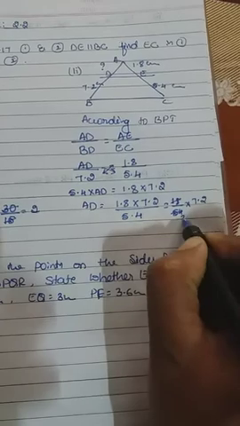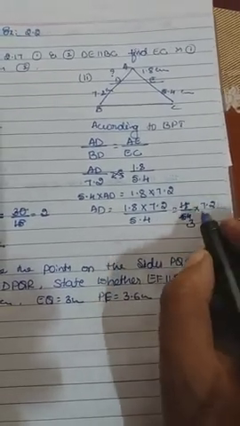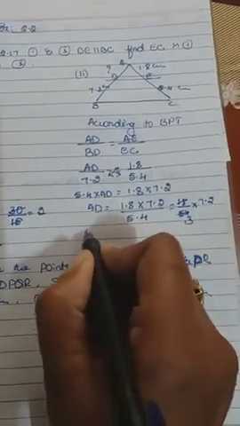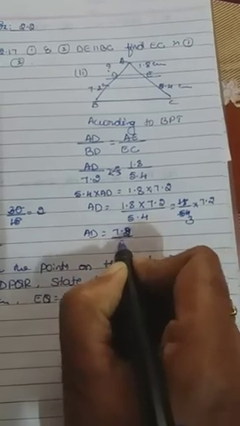18 ones are 18, 18 threes are 54. From here, AD becomes 7.2 divided by 3.